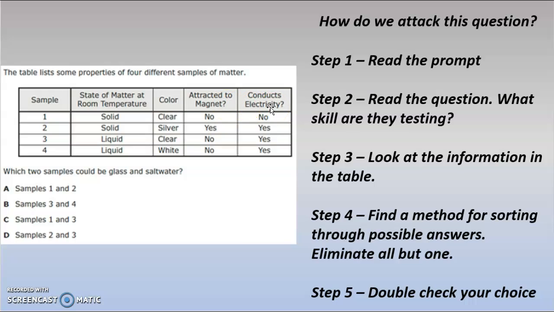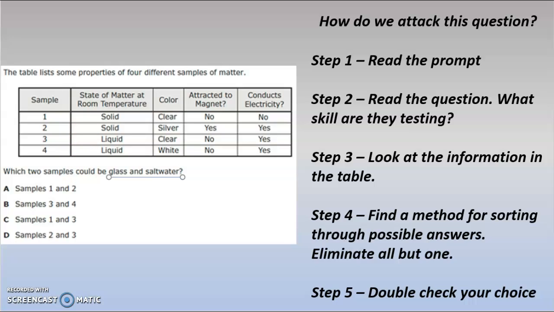Okay, so you've got to consider each one of these and say, well, how am I going to know which two could be glass and salt water? Well, when you compare these four properties, the state of matter, is it solid or liquid, first of all, none of them are gas, and the color, and is it attracted to a magnet, and does it conduct electricity?